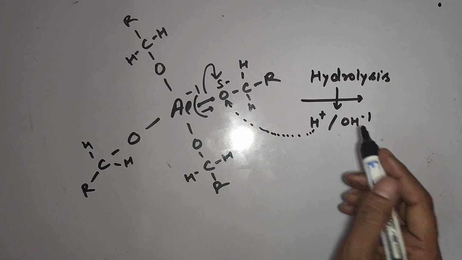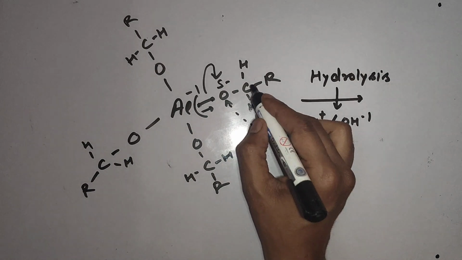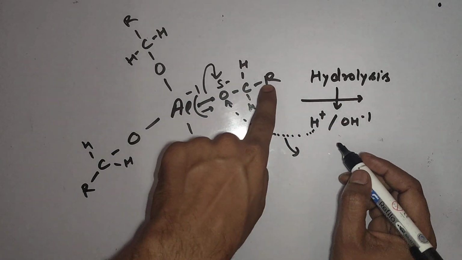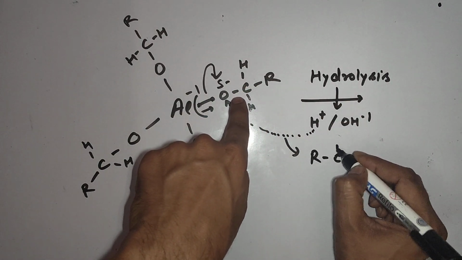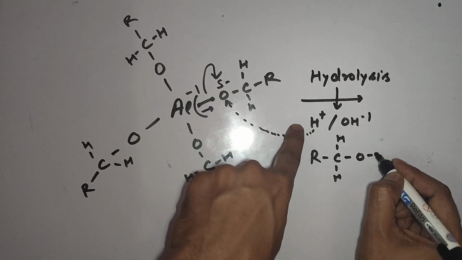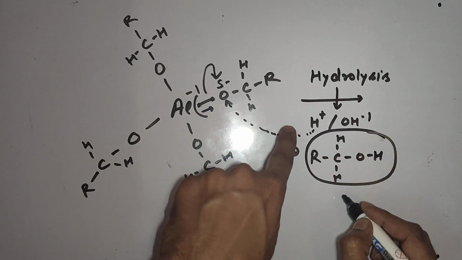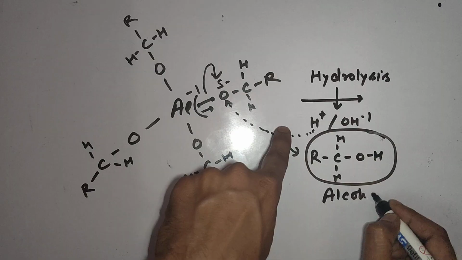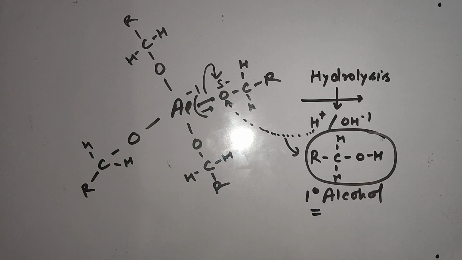Let me make the first alcohol, RCH2, and this oxygen will join with H. Check this particle. Alcohol. What is the degree? 1 degree.